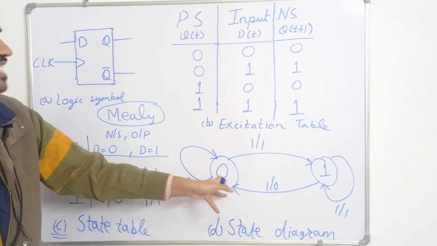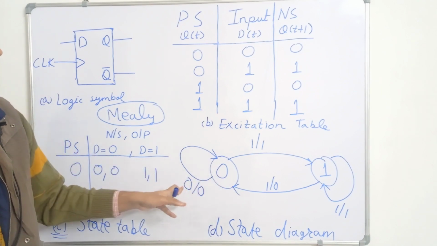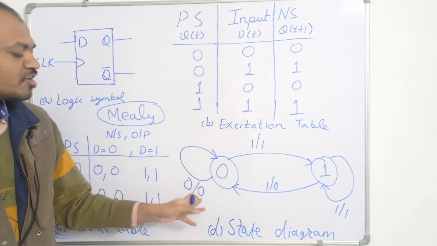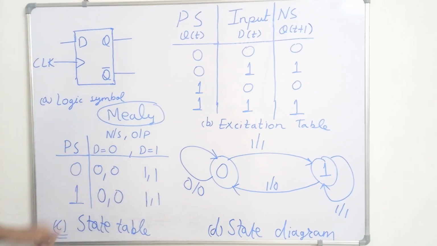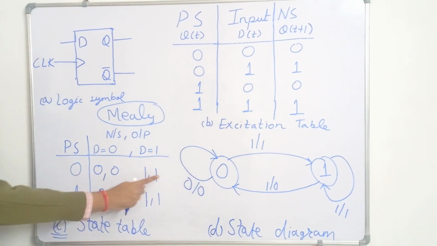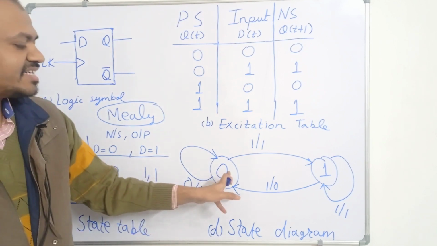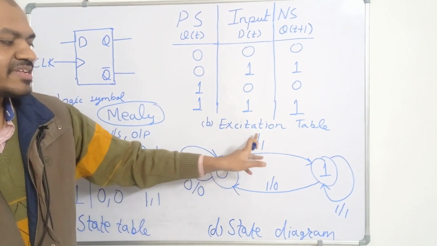Again, if present state is 0, input is 0, output will be 0 only. It is denoted by this arc. If present state is 0, input is 1, output will be 1.